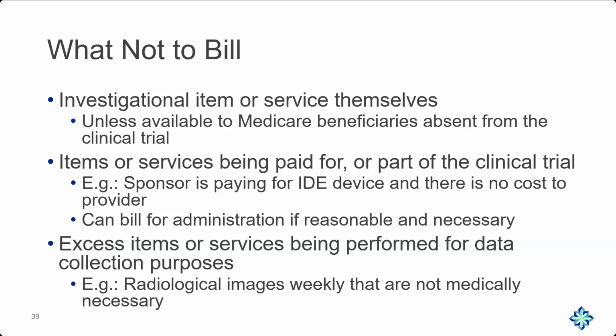And that's why, back several slides ago, I said it's of utmost importance that you reach out to your MAC, that you have those conversations, and that you can touch base with a medical director on what types of items or services you anticipate billing as part of your routine costs.